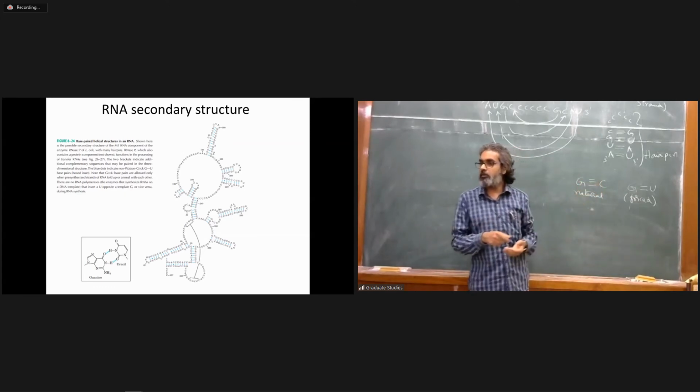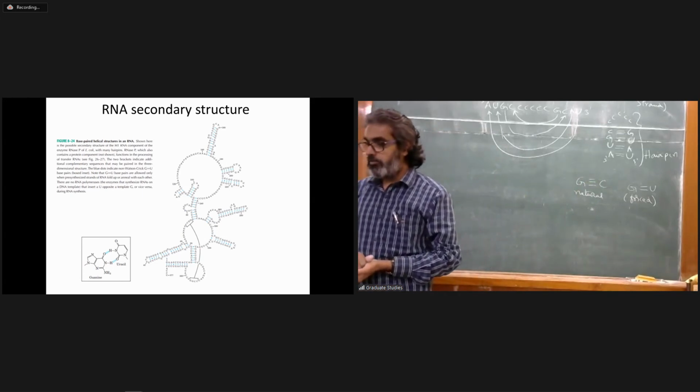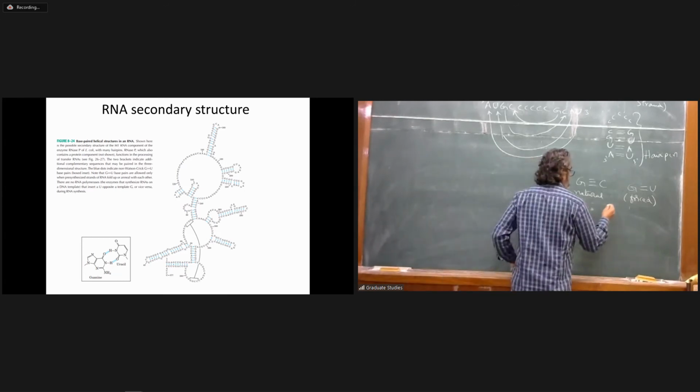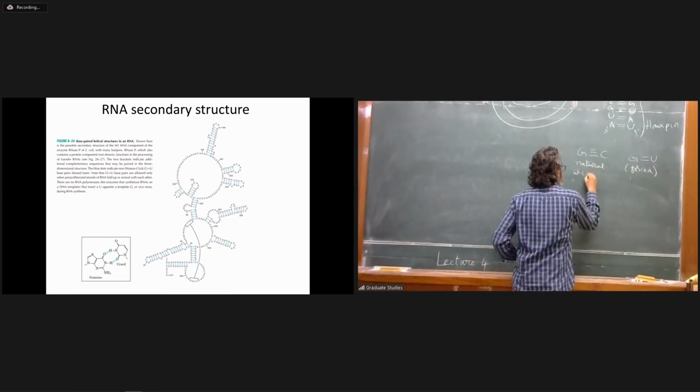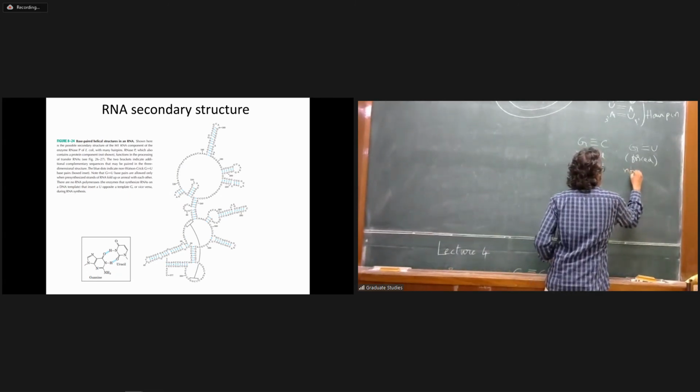So these kinds of structures are possible, which you can call non-Watson-Crick. This is a Watson-Crick pair. So this is a non-Watson-Crick pair.